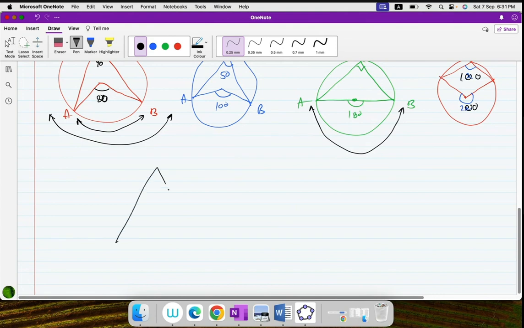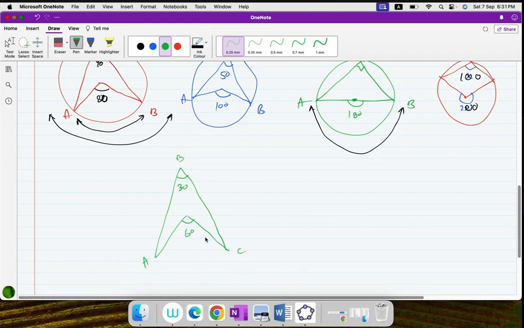At least I should have two equal lengths which correspond to the radius. Now the circle is not given, but if someone says that this is 30 and this is 60, I am 100% sure that A, B, C would pass through a circle with a common center.